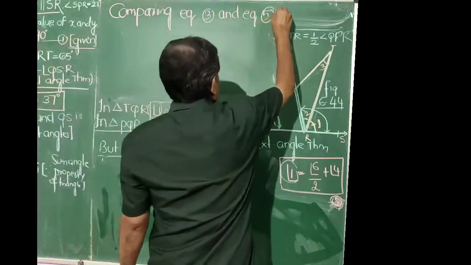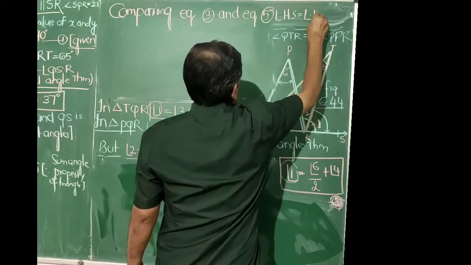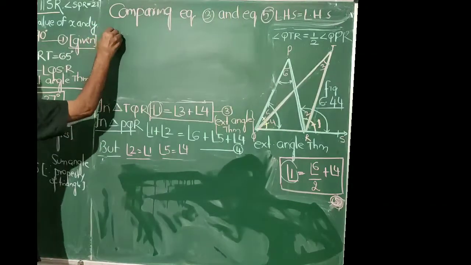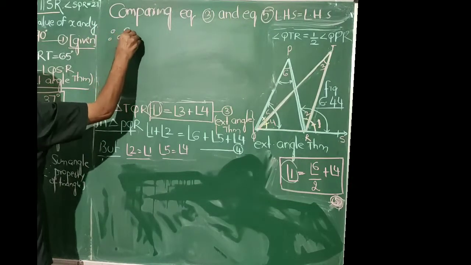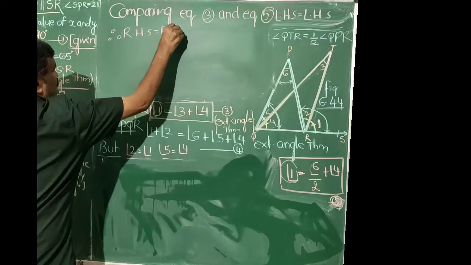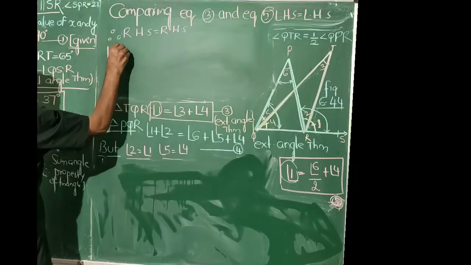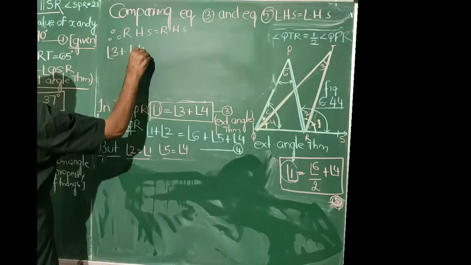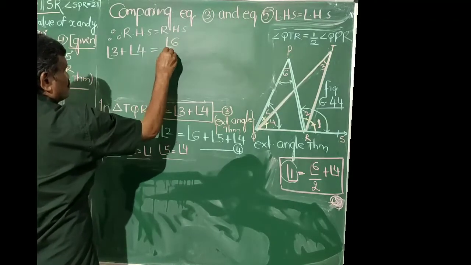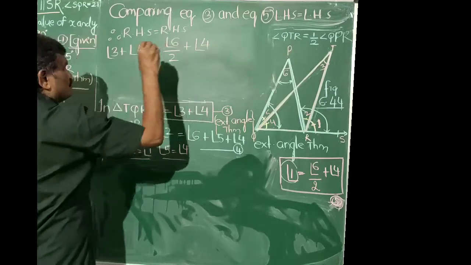So comparing these two equations, left hand side equal to left hand side, therefore right hand side equal to right hand side. So that means angle 3 plus angle 4 is equal to angle 6 by 2 plus angle 4.